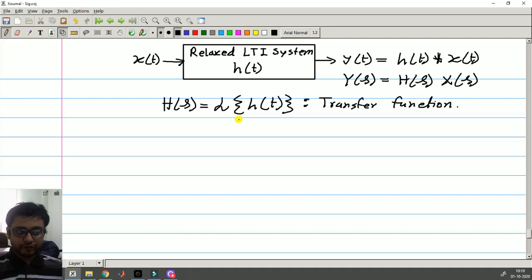Knowing the transfer function is the same as knowing everything about the system. Transfer function is a property of the system.